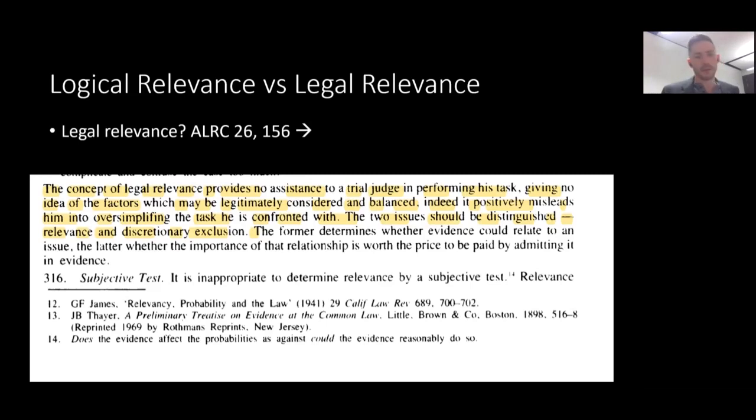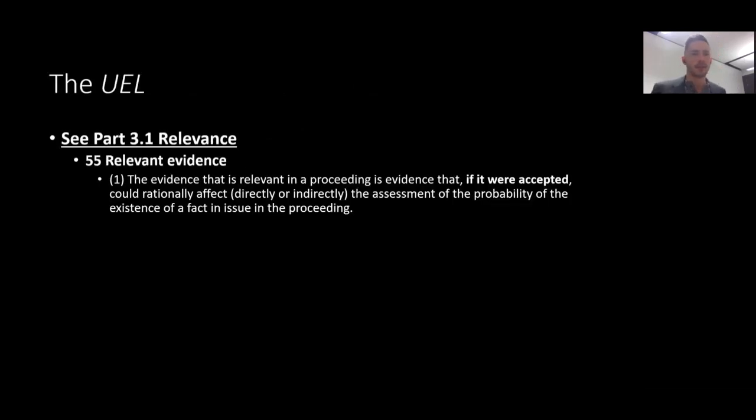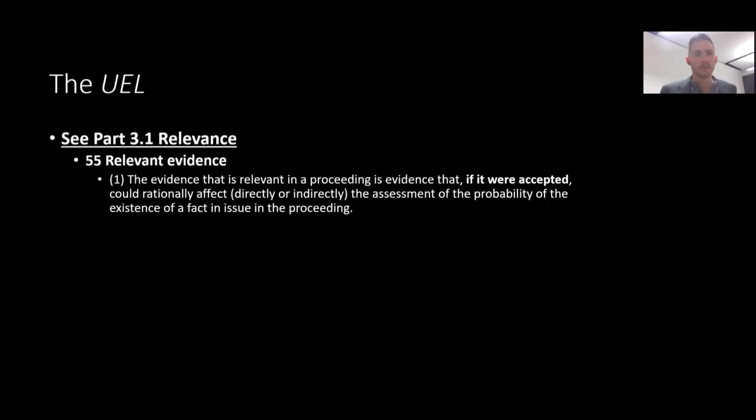And so I think we see that seems to be the rule that was adopted. But I think there's an argument that some High Court judges actually seem to be employing a legal relevance test, as we'll see. So again, that's just a rule to remind you.